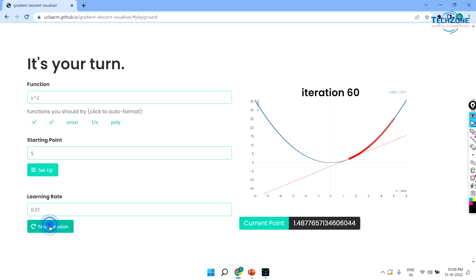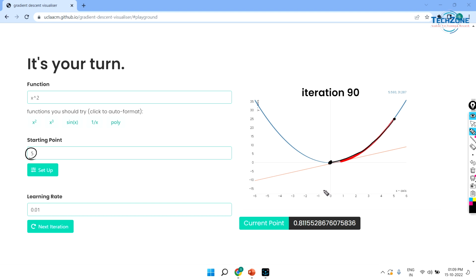That means it is coming closer to the global minima. So this is what happens in gradient descent. We started at plus 5 here. We started here and slowly will come to this point.